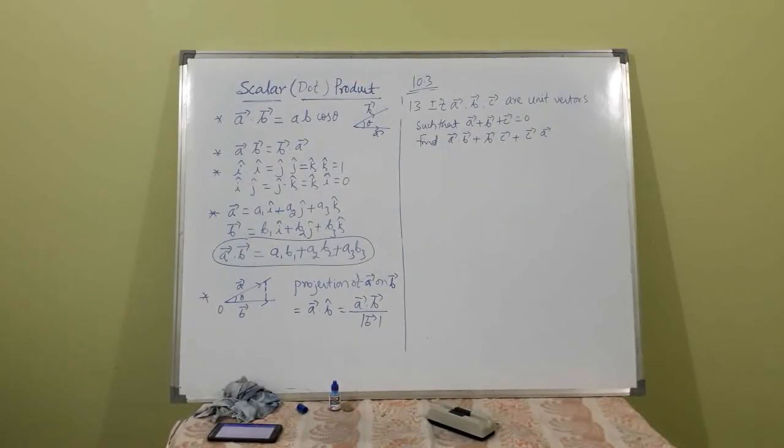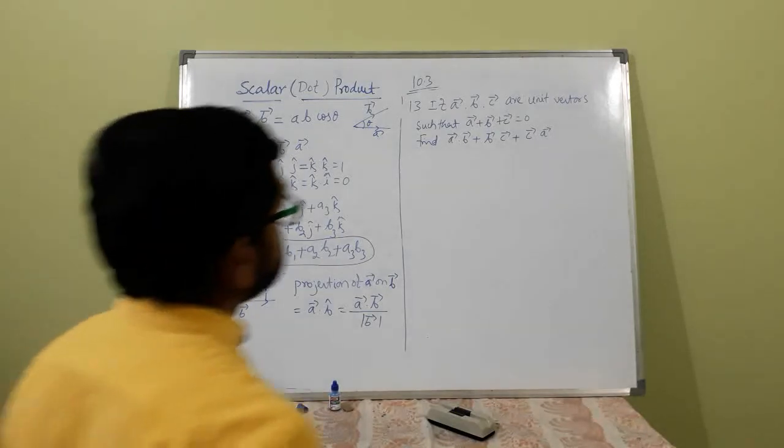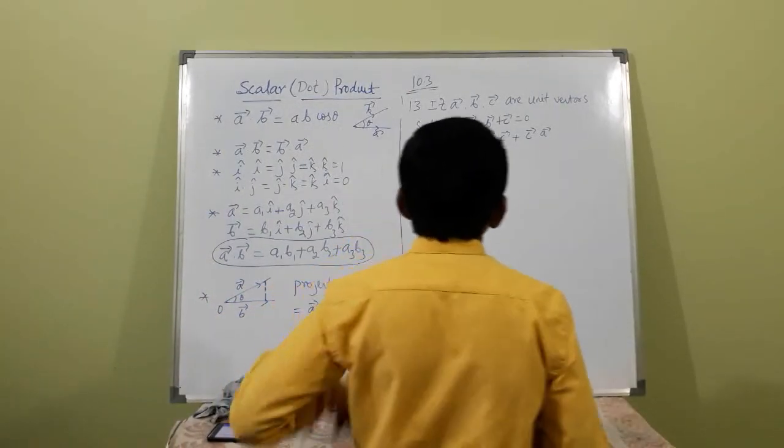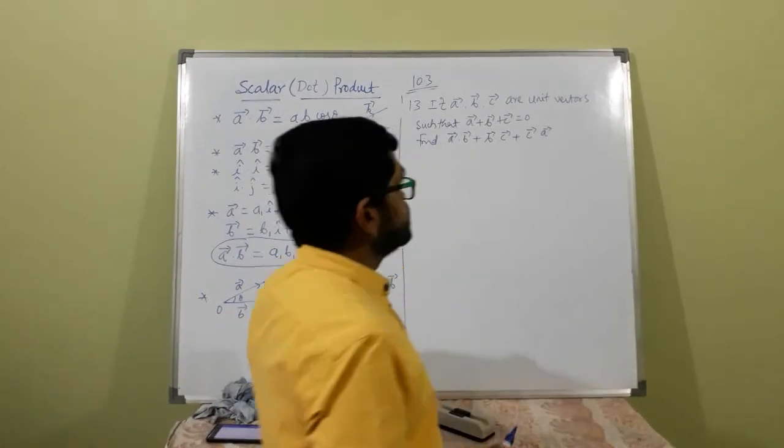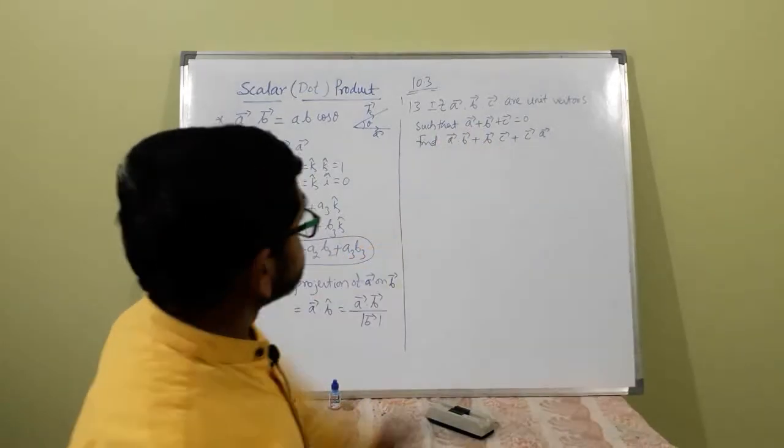13th one, A, B, C are unit vectors such that A plus B plus C is equal to 0. Find A dot B, B dot C and C dot A, their sum.